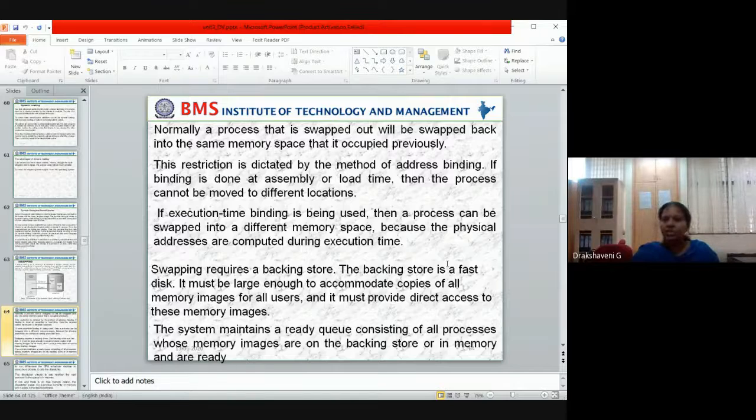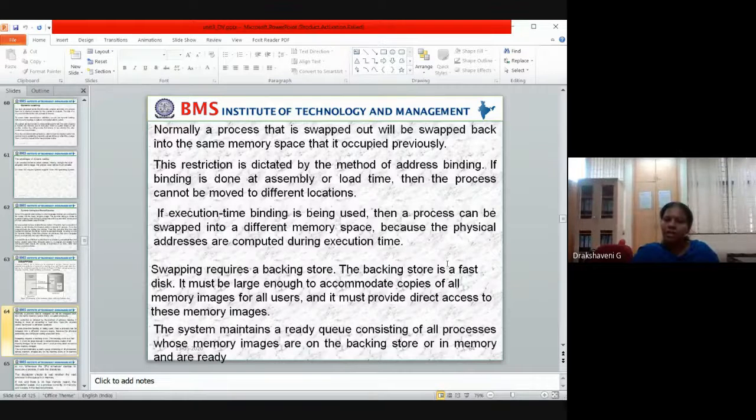A static array is fixed, so in that case we cannot switch these addresses. That will be the problem. If execution time binding is being used, then a process can be swapped into a different memory space, because the physical addresses are computed during execution time.